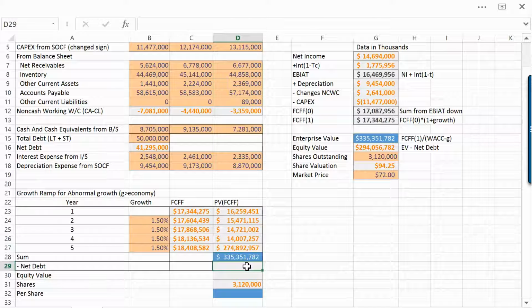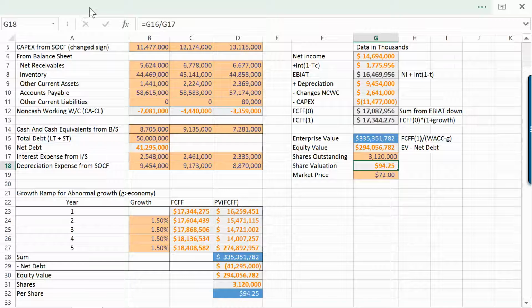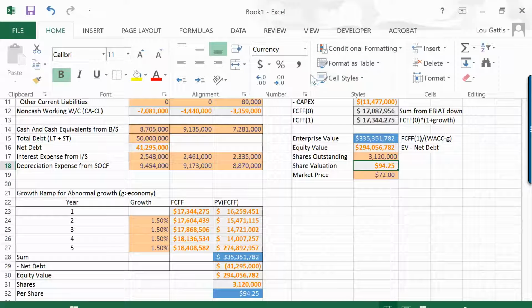And then I could subtract out, let me just take a negative net debt, and then I could take my enterprise value, take out the net debt, and divide that by the number of shares, and I'm back to 94.21 or 94.25.